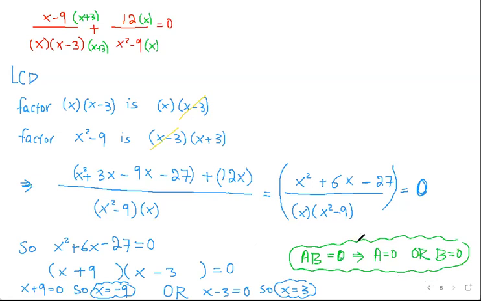Okay, makes sense? So now the last thing for this equation, we have to plug these numbers inside the equation to make sure they are working or not. x equals 3 is not a solution because it will be undefined. Like Angel said, x equals 3 is not defined. How did he know?